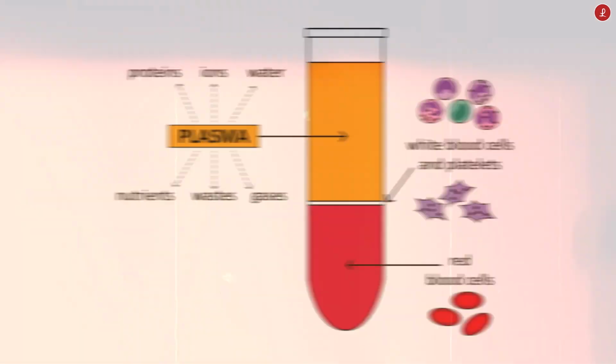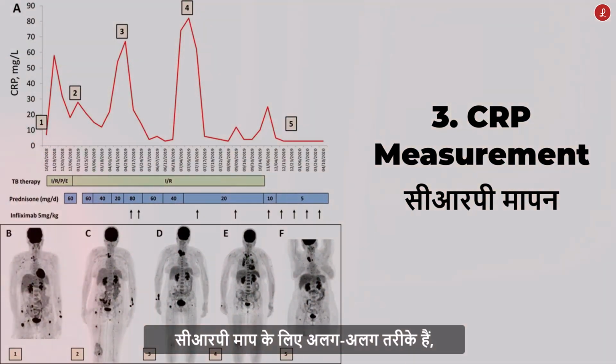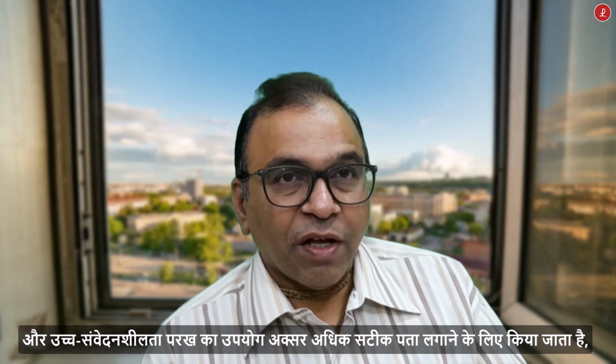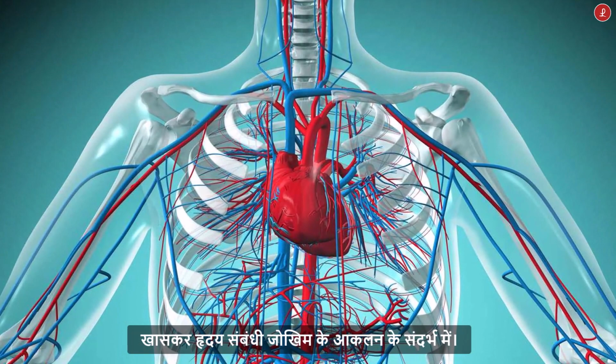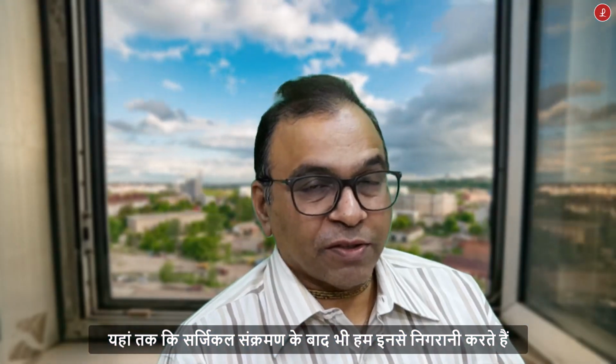Then comes the CRP measurement. The levels of CRP in the serum can be measured now, and there are different methodologies to measure CRP levels. The high sensitivity assays are often used for more accurate detection, especially in the context of assessing cardiovascular risk. Even post-surgical infections we monitor with these.